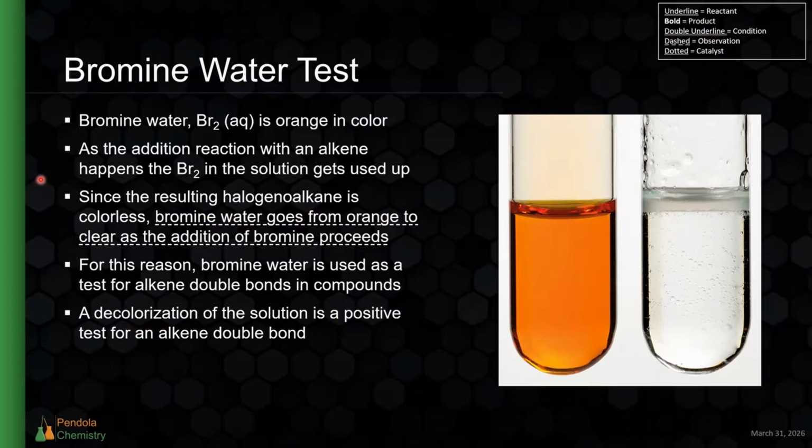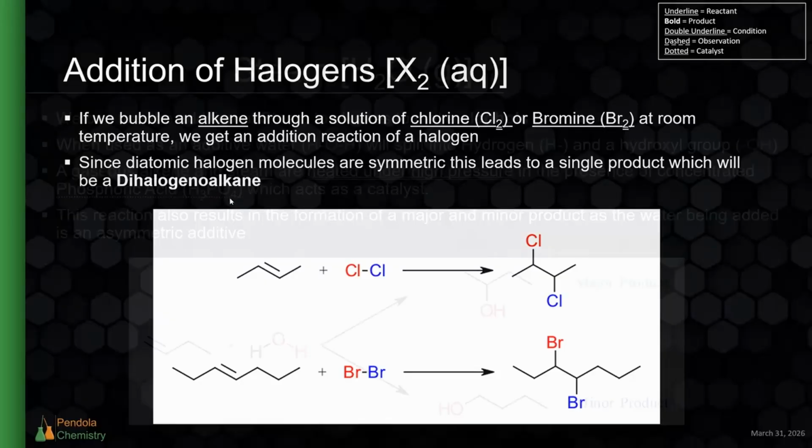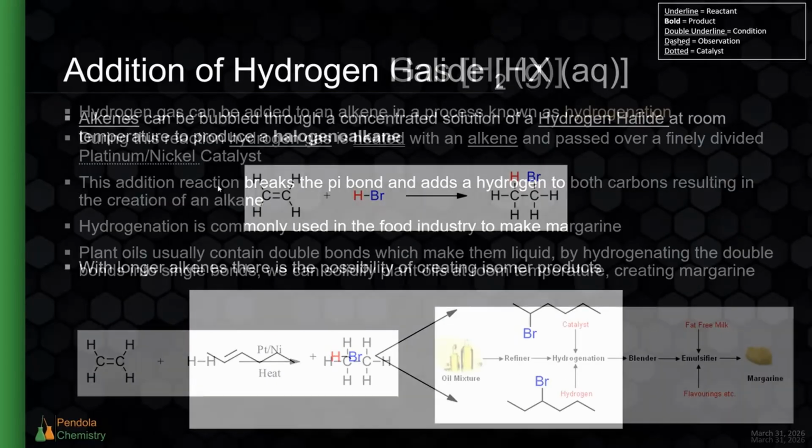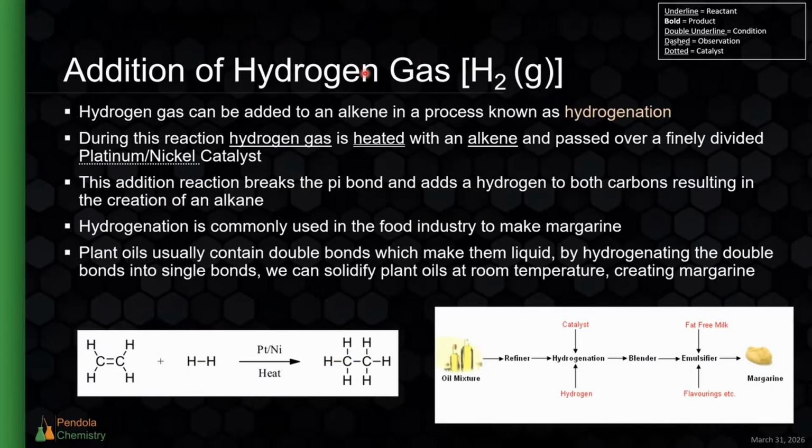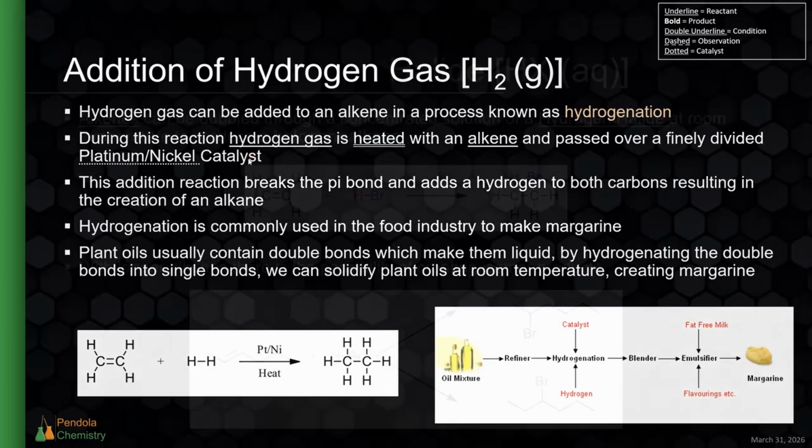All right. So that's the reaction. That's what happens when each different additive is added to an alkene. So we're going back. If we add hydrogen gas to an alkene, we get an alkane. But that needs to be heated with a platinum or nickel catalyst.